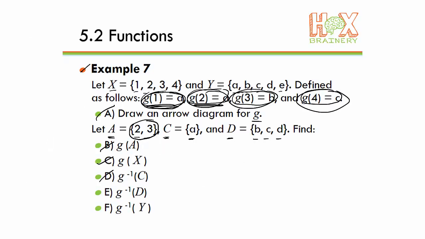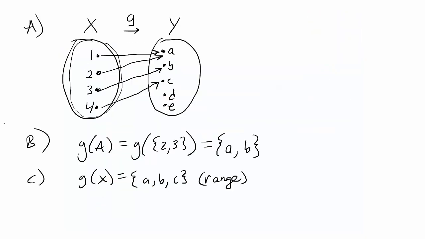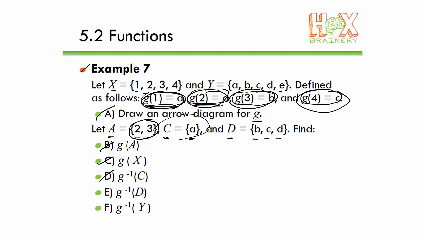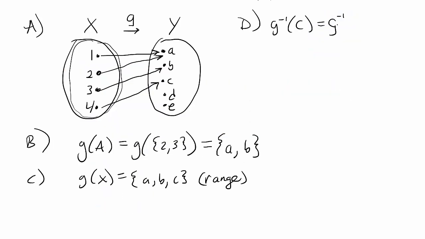And then D, inverse. Let's see, D is going to go here, and it's the inverse function. We're plugging C in. But what was C? C is just a set containing A. Here's A. This has 2 inverse images, 1 and 2.